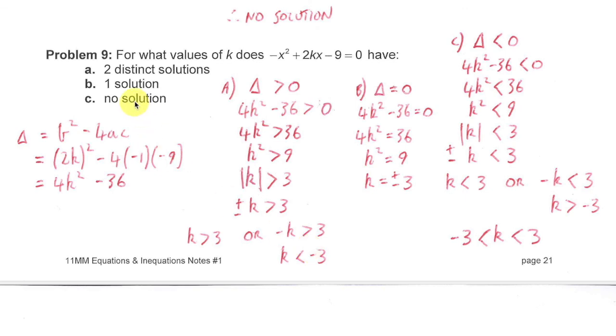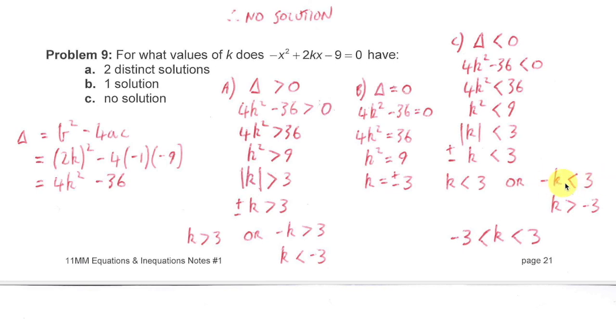Now finally C, what about no solution? For that we want the discriminant to equal 0. Sorry, we want the discriminant to be less than 0. So working through that, I get the magnitude of k, the size of k ignoring its sign, needs to be less than 3. So positive k is less than 3, or negative k is less than 3.